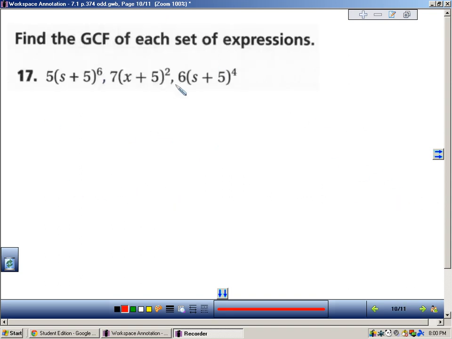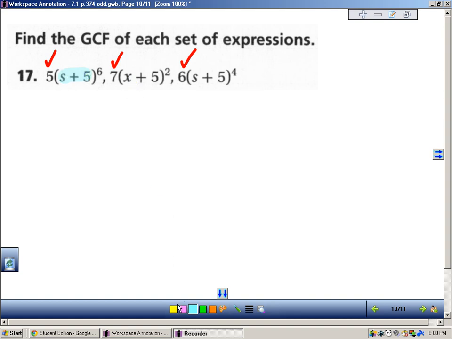Number 10, find the GCF of each set of expressions. Same kind of situation. We're looking at 5, 7, and 6. 5, 7, and 6 have nothing in common in terms of factors. They're all different. And you'll notice that all 3 of the binomials here are different. This is s plus 5. This is x plus 5.